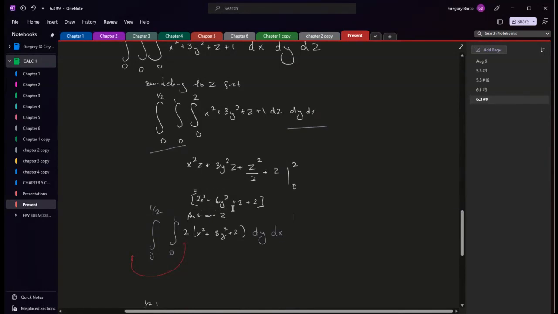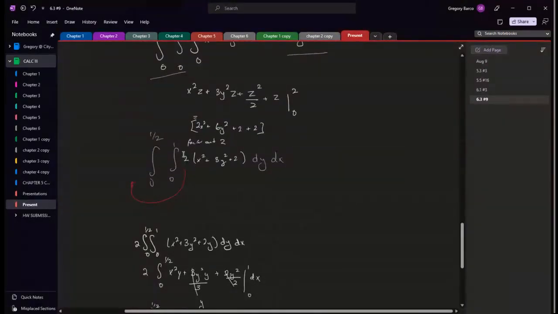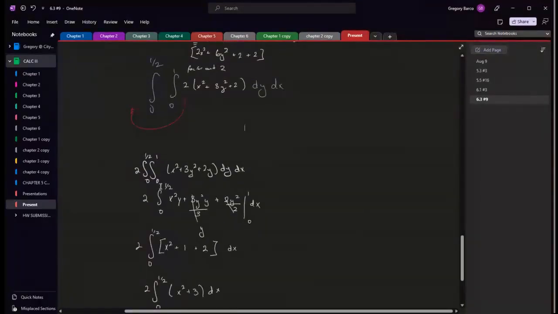2x squared plus 6y squared plus 2 is 4. We can also then factor out 2, since we have a 2 here, a 2 here, and then this is 4, and we can bring the 2 out in the front. Once again, now we have a constant multiplier, so we can take that out. Now we can do our integral again of this part, from the bounds of 0 to 1/2 with respect to x.